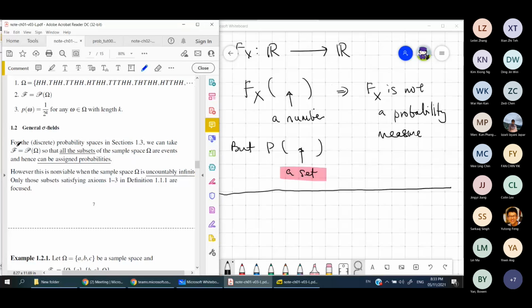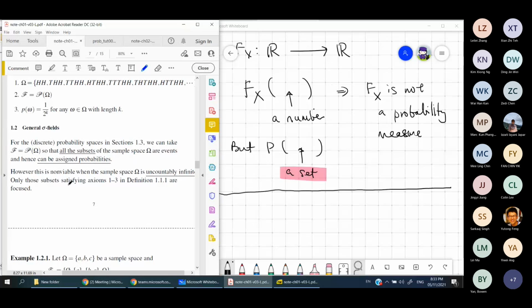For the discrete probability space in section 1.3, we can take F to be P(Ω), so that all the subsets of the sample space are events, and hence can be assigned probabilities. However, this is not viable when the sample space is an uncountable infinite set. Again, you can look at the Rudin book.